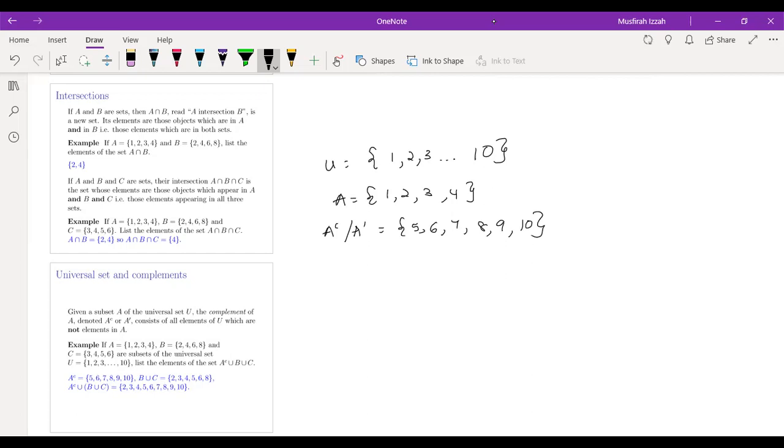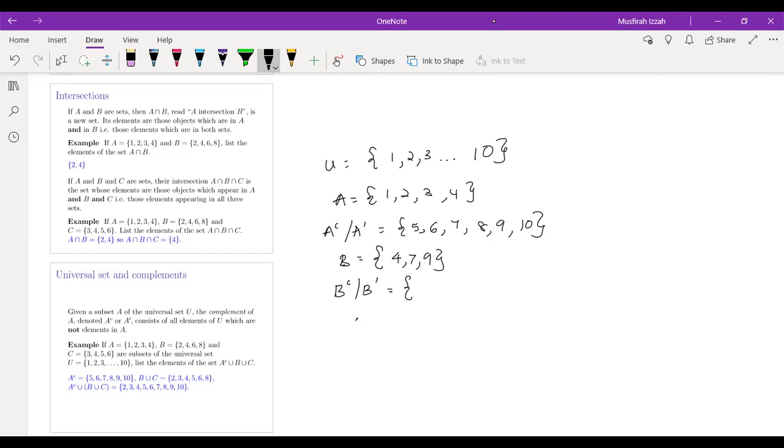Okay, kalau contoh B awak 4, 7, 9. Okay, B komplement awak apa? B komplement dia 1, 2, 3, 5, 6, 8, 10. Pandai.